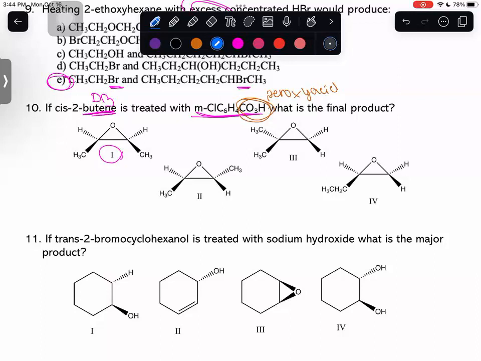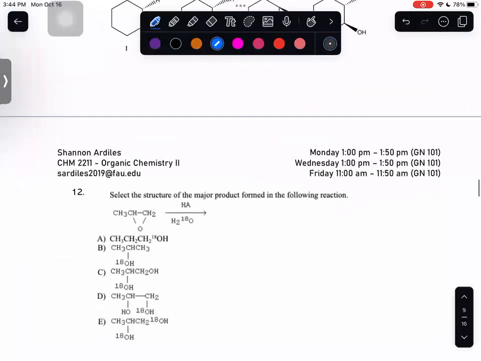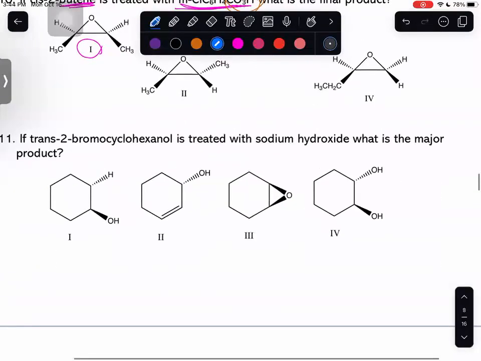Remember, we have 2 ways. First one, intramolecular Williamson reaction. Second one, double bond plus peroxy acid. You know that it has to be cis. That's why these 2 are. Okay.